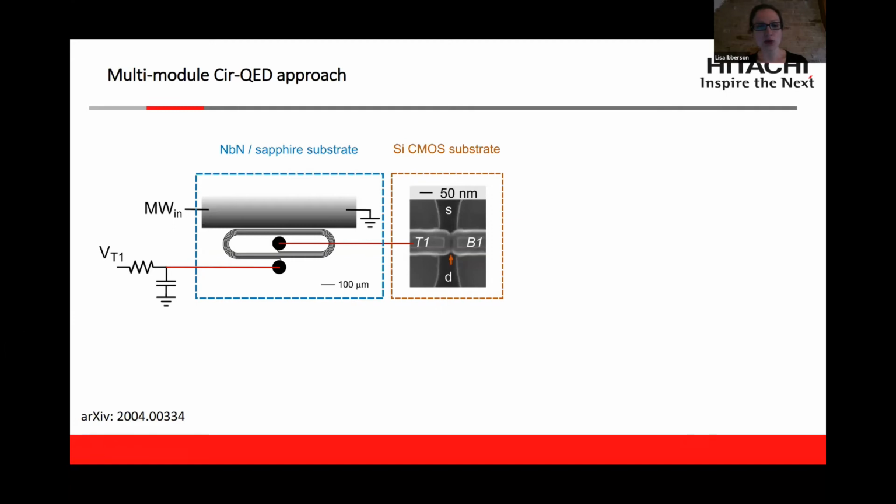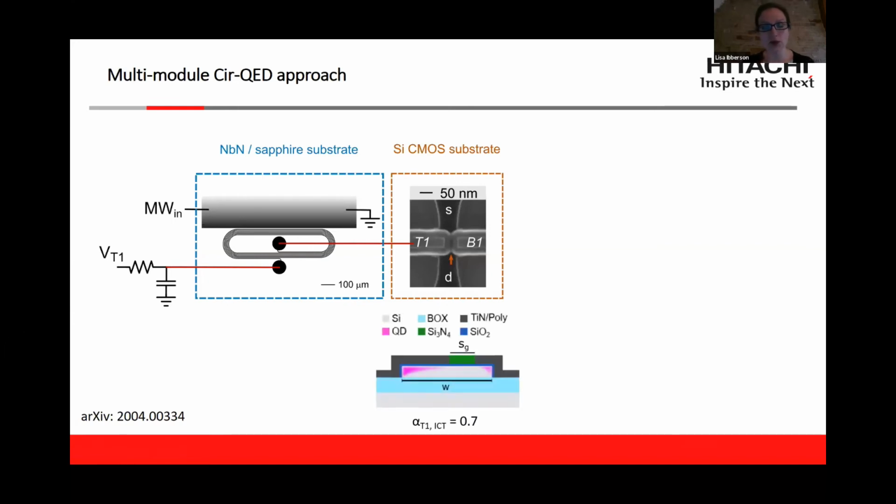The central bond pad of the inductor is connected to one of the top gate electrodes of the nanowire transistor. What you can see from the SEM image is that the gap between the two top gate electrodes is offset from the center of the nanowire channel. Perhaps that's more clearly shown in the cross-section image on the bottom.